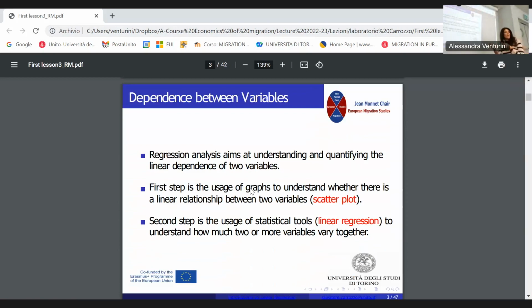Maybe when it rains I eat more ice cream, but there is no dependence between these two variables. Causation is when two variables move in the same or in the opposite direction, but the trend of one is influenced by the trend of the other. That is a dependence.